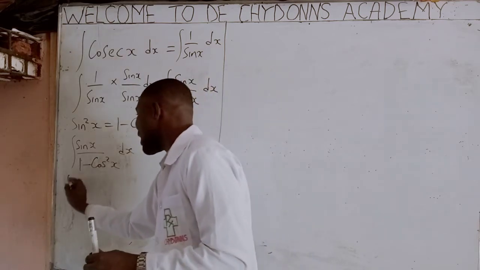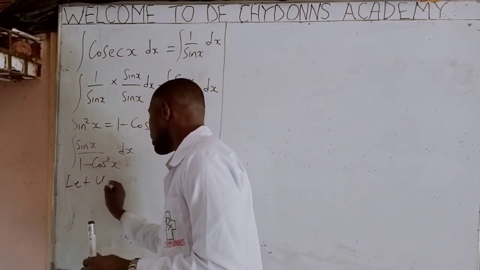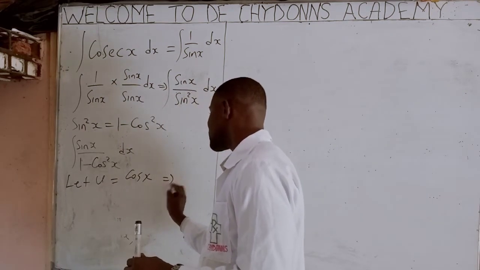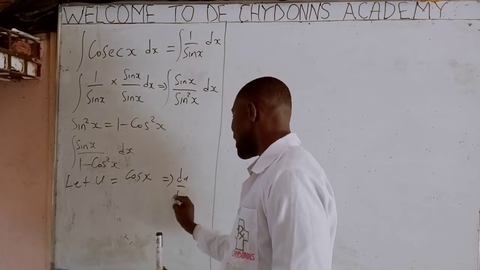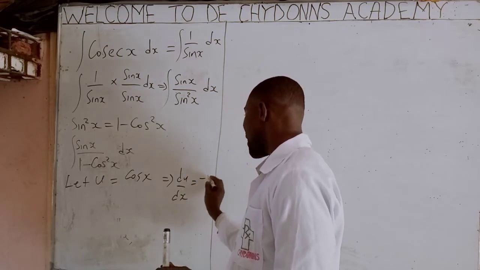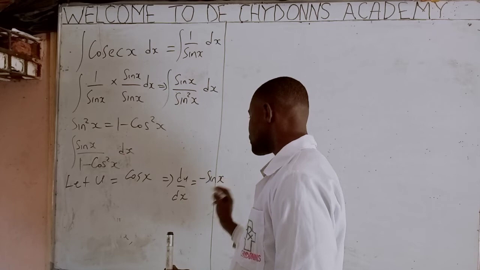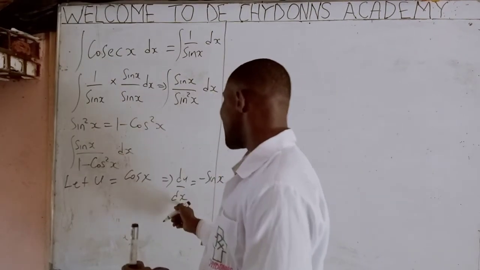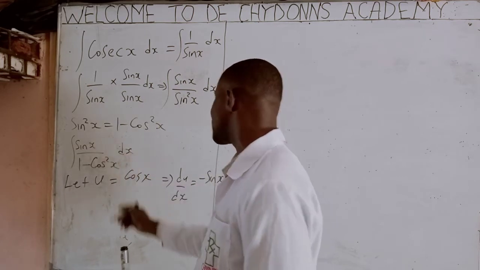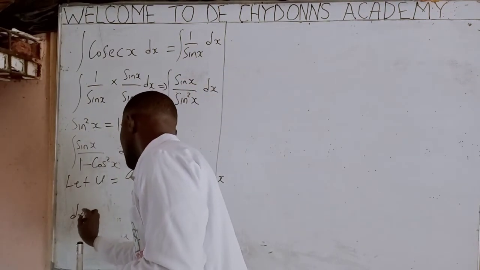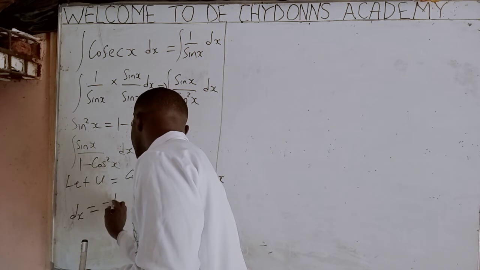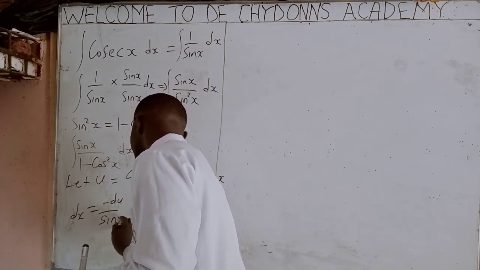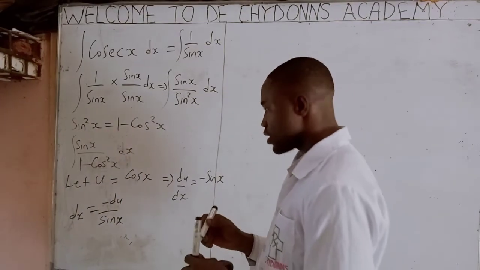Let u equal cos x. That implies that du/dx will give us minus sin x. Then make dx the subject of the formula, because you have the dx here. You have dx equal to minus du all over sin x.